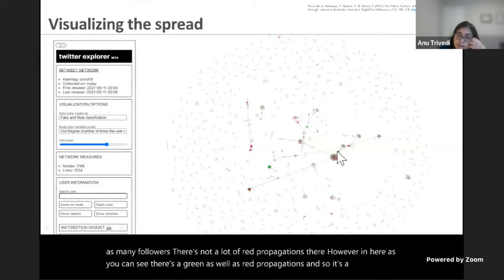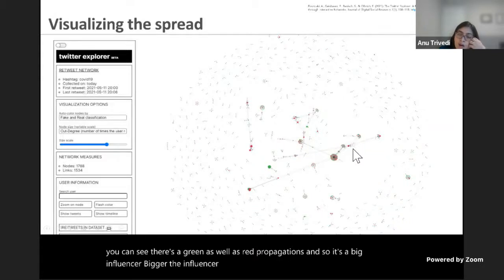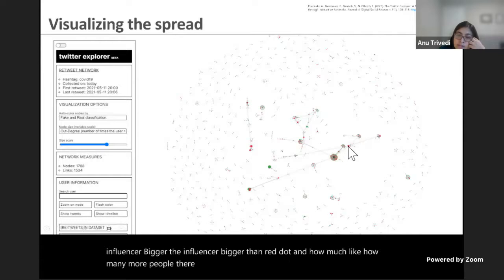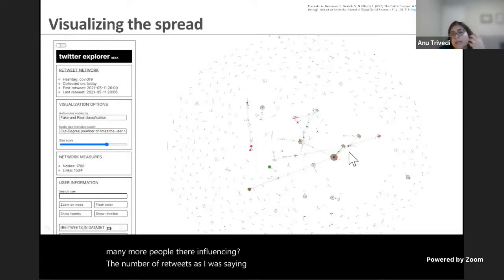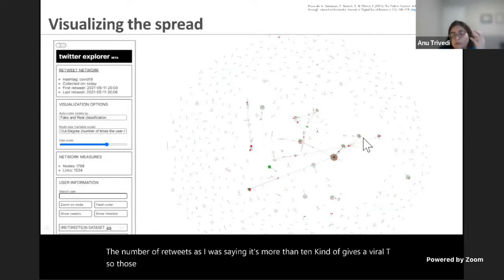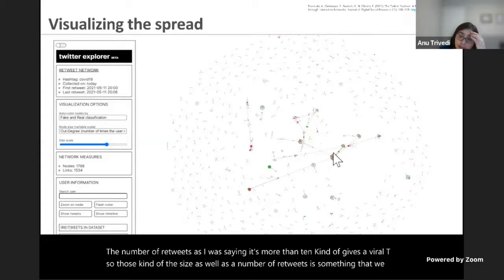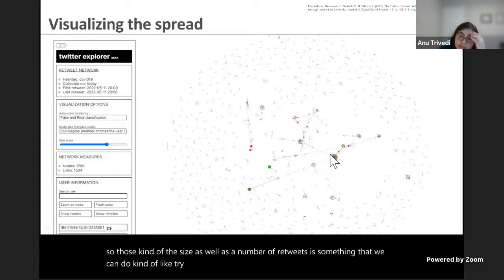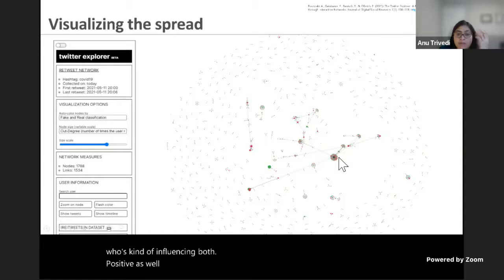The bigger the influencer, the bigger the red dot. And how many more people they're influencing, the number of retweets, as I was saying, if it's more than 10, achieves virality. So the size as well as the number of retweets is something that we try to track. For example, here there's a big influencer who is influencing both positive as well as negative sentiments or misinformation around it.